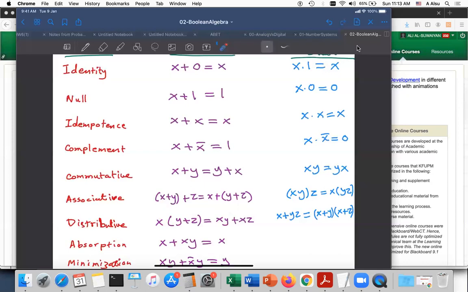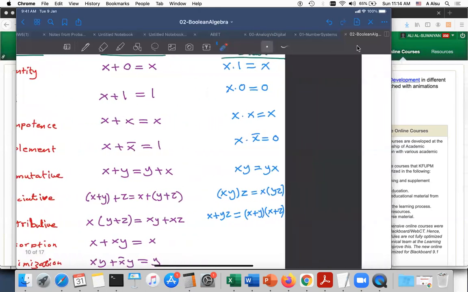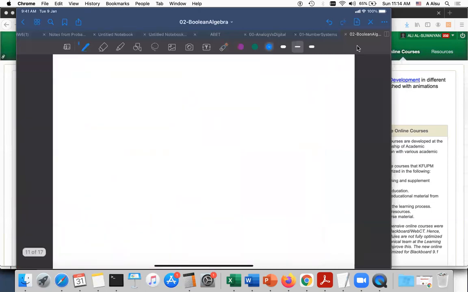If you take x as a common factor here, so let me do it here. This is x ORed with xy, right?